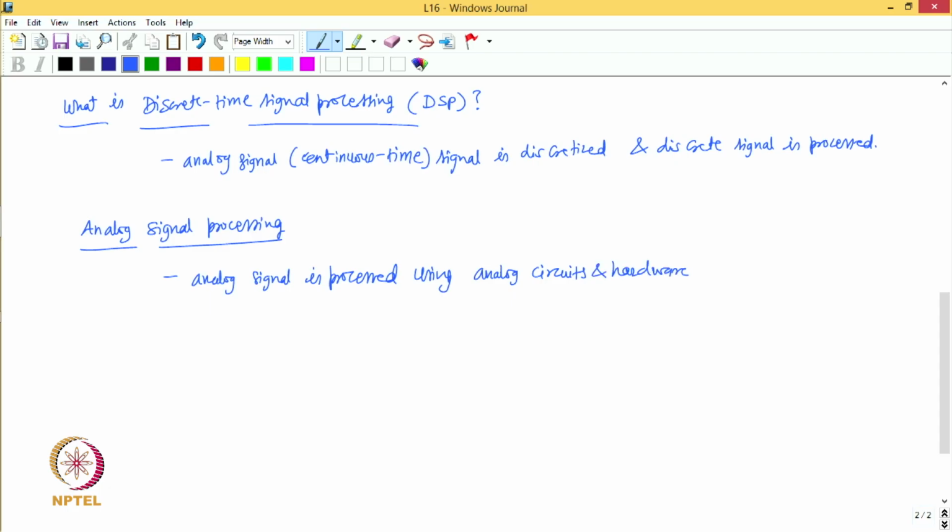Because analog circuits and hardware are used to process the signal, the range of mathematical functions through which the signal can be processed is limited.